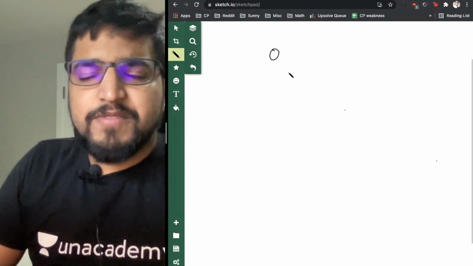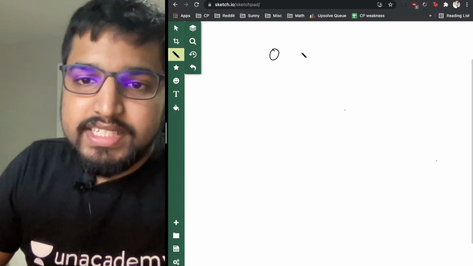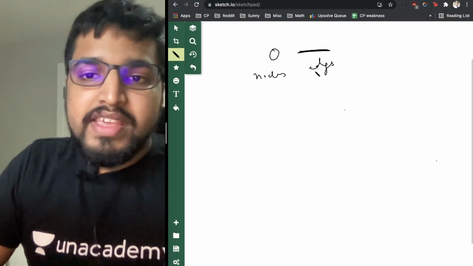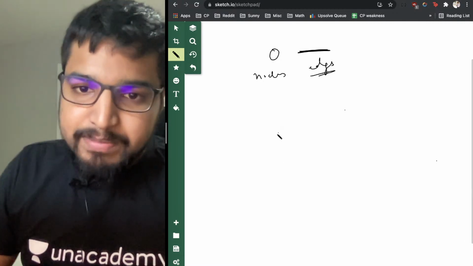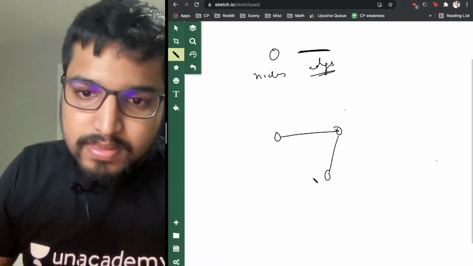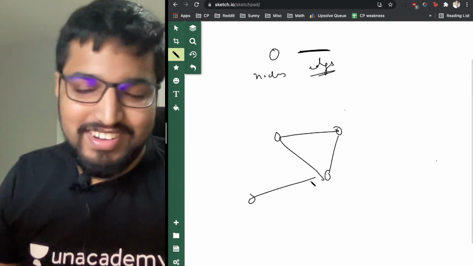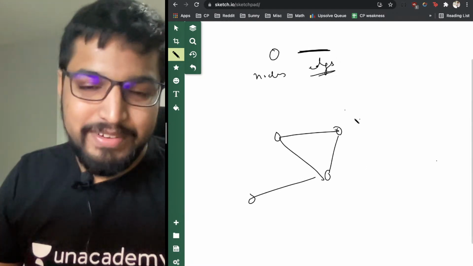A graph is represented simply by nodes and edges. Edges represent the relationship between the nodes. For example, this is a graph. I'll just do a rough review of it.